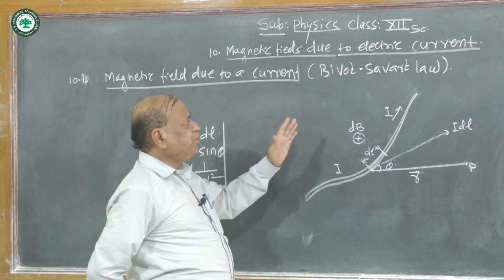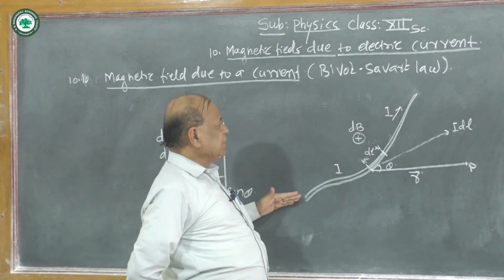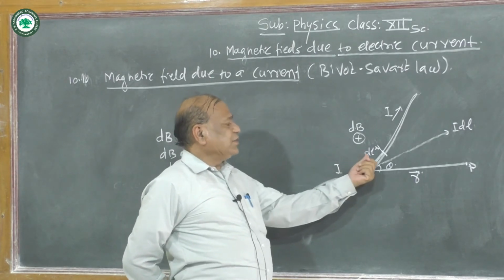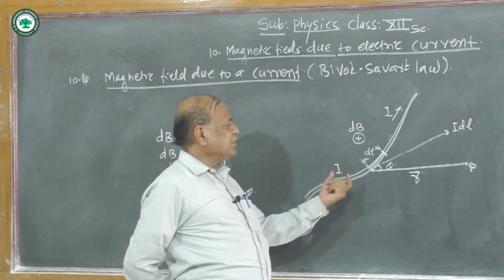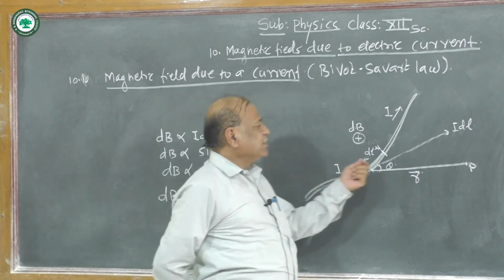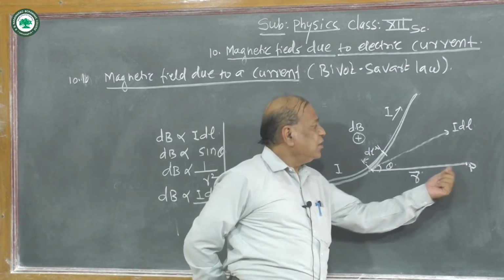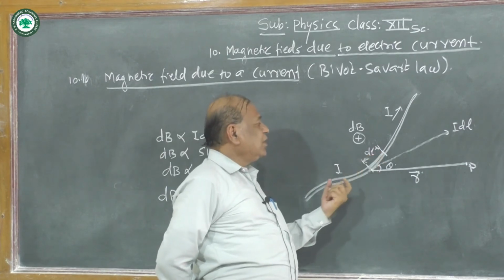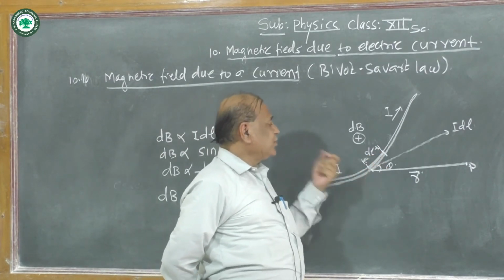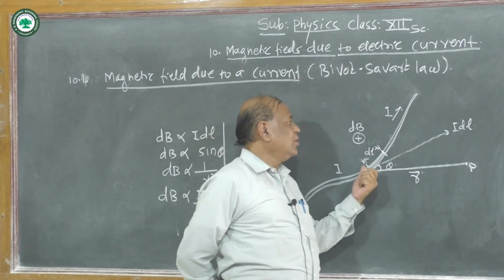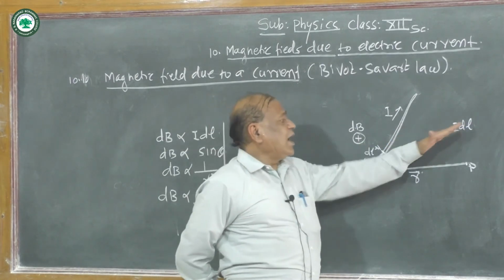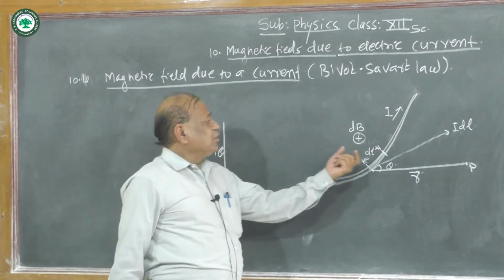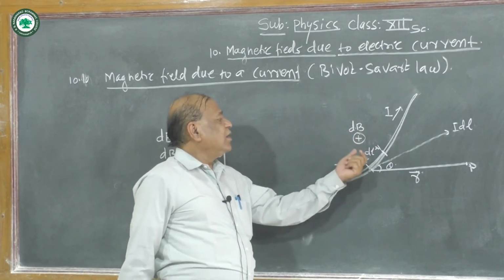Consider an arbitrary current carrying wire, which is made up of a number of small elements dl. For simplicity, we consider the small element dl here and consider the point P. We have to find the magnetic field at point P due to element dl, and theta is the angle made by this vector r with the current element I dl.